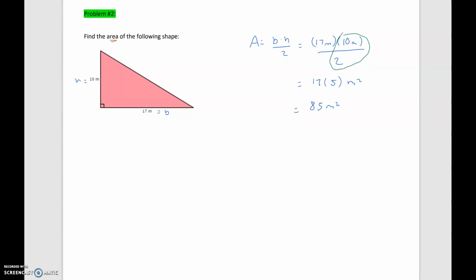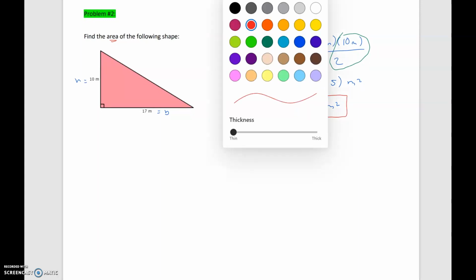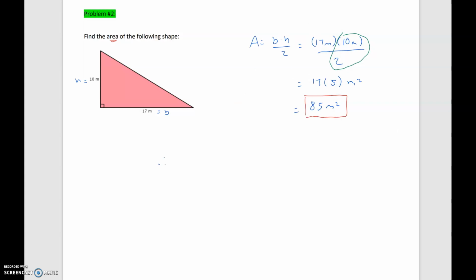So once again, as a sentence, we could just express that the area is A is equal to 85 meters squared. And that's it for this one. Also, there is an emphasis on using the proper formula. So that's actually it for problem 2.